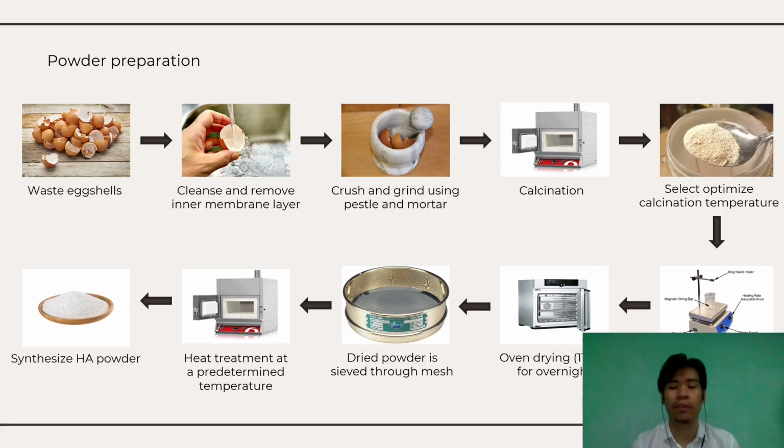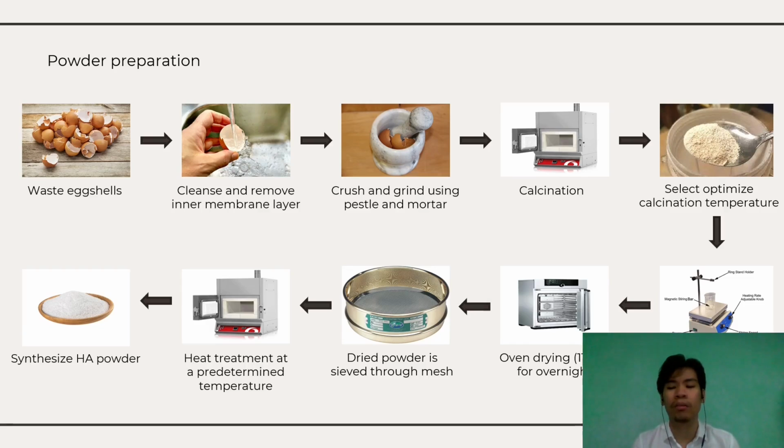The calcium and phosphorus precursor will be weighed according to the molecular weight that will be obtained through calculation. The obtained calcium precursor from calcined eggshell will then be added to the phosphorus precursor, which is dicalcium phosphate dihydrate, at a Ca/P molar ratio of 1.67.